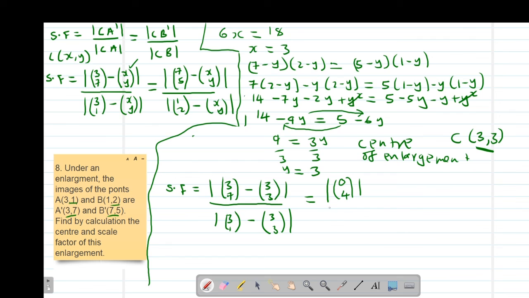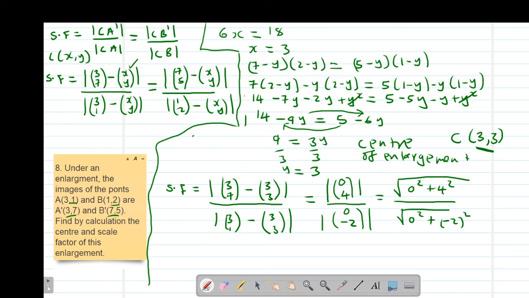Then you are finding the magnitude divided by 3 minus 3, you'll get 0. 1 minus 3, you'll get negative 2. So you're going to get (0, -2). Then of course we need the magnitude of that. So this should be equal to the square root of 0 squared plus 4 squared, divided by the magnitude of the denominator, the square root of 0 squared plus negative 2 squared.